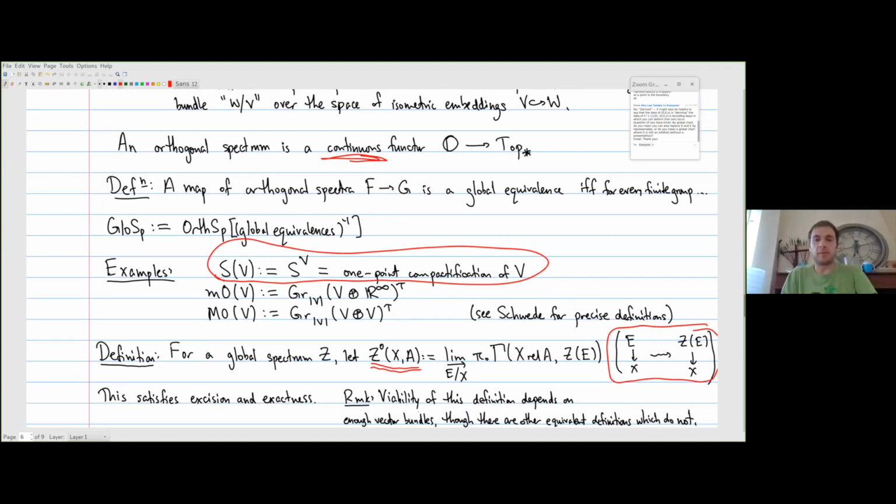And again, I'm approaching this via vector bundles, and you might guess, and you would be correct, that this definition is not going to be of much use if X does not have enough vector bundles.